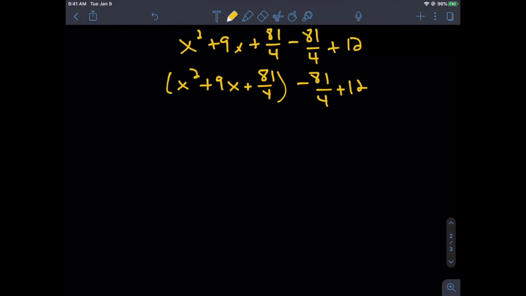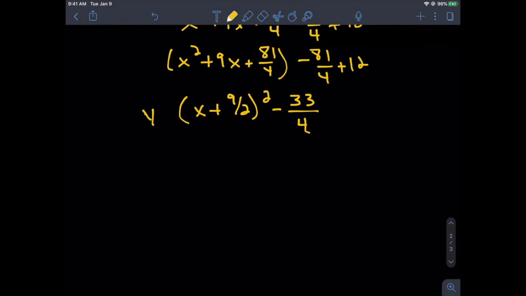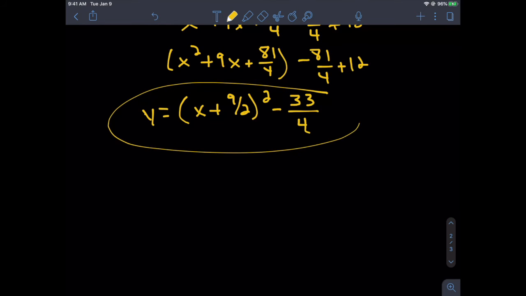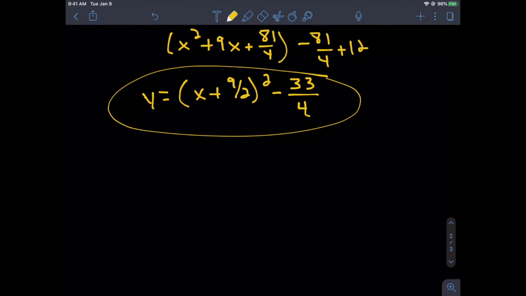We factor our perfect square trinomial. This becomes x plus 9 over 2 squared, and then we have to combine our two numbers out there. 12 times 4 is 48. Negative 81 plus 48 is negative 33 over 4. Not too bad. Our final equation here is y equals x plus 9 over 2 squared minus 33 fourths.